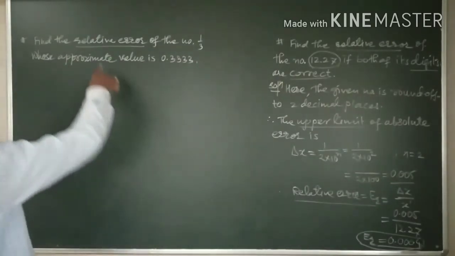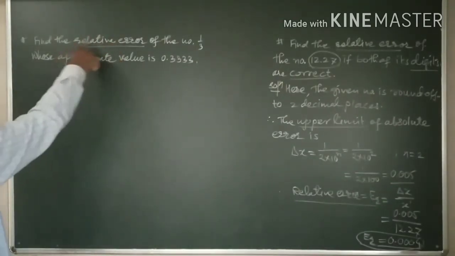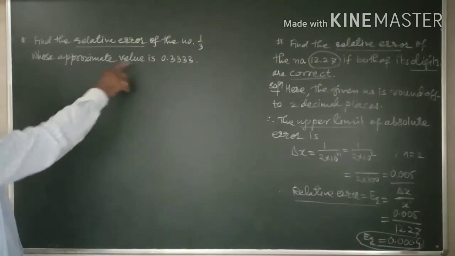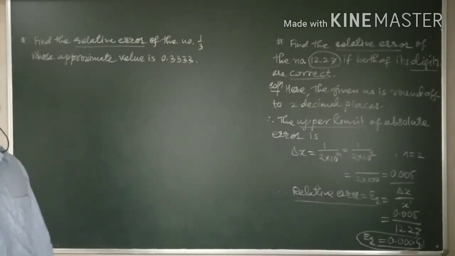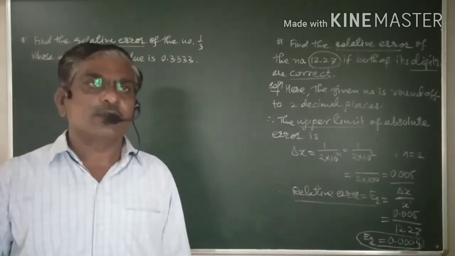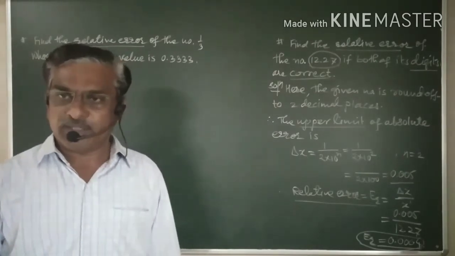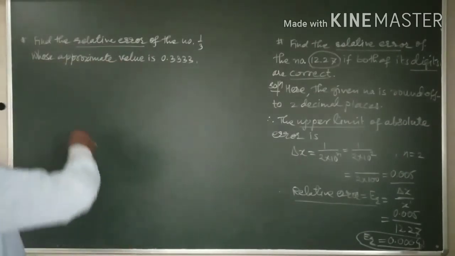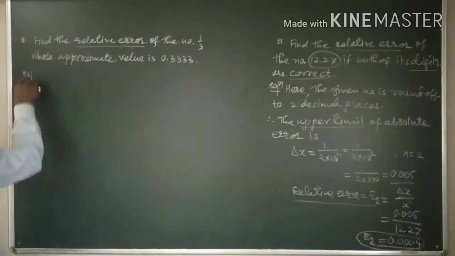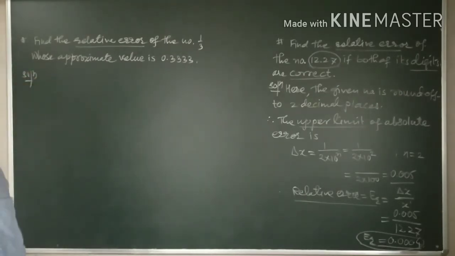Now here, the true value, I mean the number, is given and its approximate value is given, and therefore you first need to find the absolute error using our usual formula, which is the true value minus the approximate value.